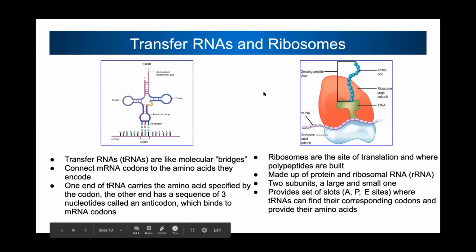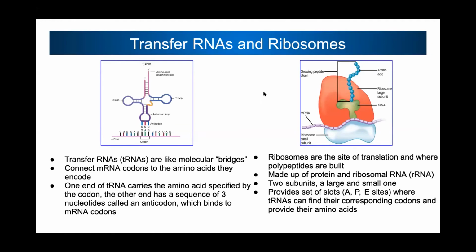And then there are transfer RNAs and ribosomes. The transfer RNAs, or tRNAs, are like molecular bridges. You guys have probably heard of them. What they do is connect the mRNA codons to the amino acids they encode, as you can see in the picture.